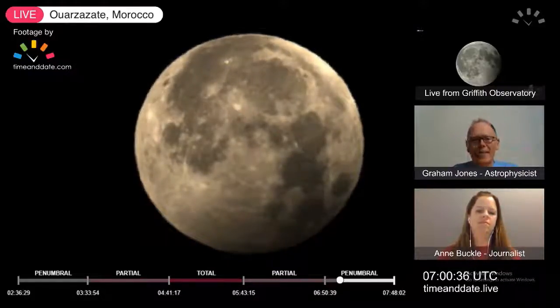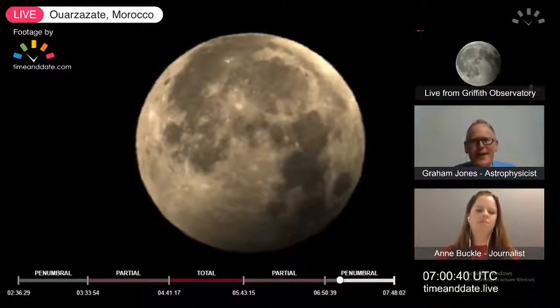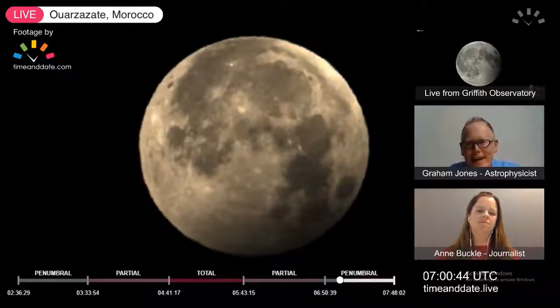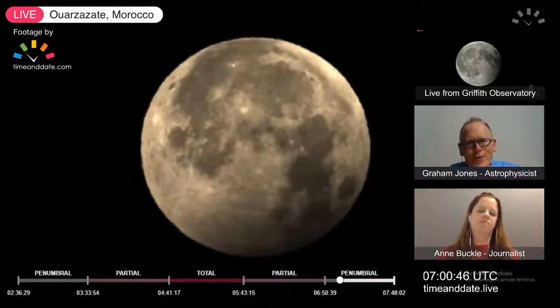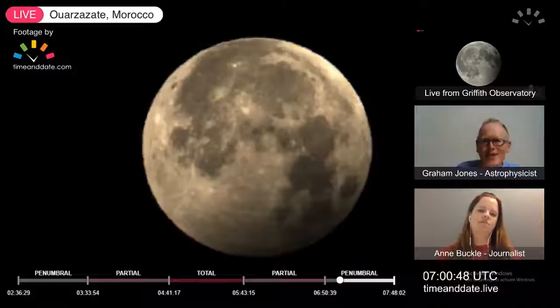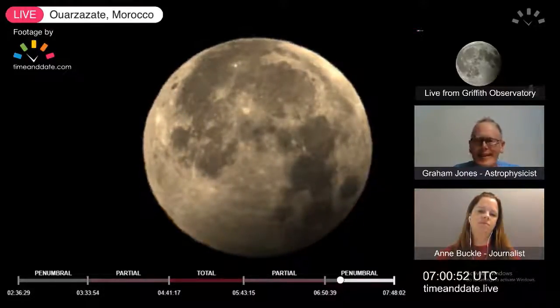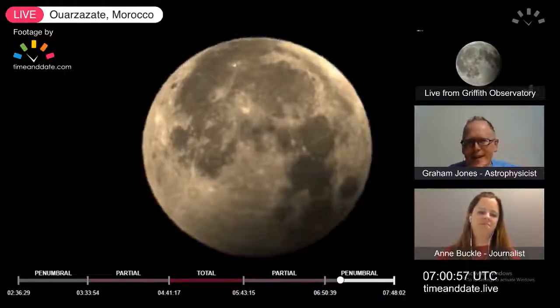Earlier, when it was high up in the sky, we had a very sharp edge to the moon. So as we follow the moon through the penumbral stage, we might see that shimmery effect getting stronger, and we might see a slight reddish tinge coming back to the moon again.